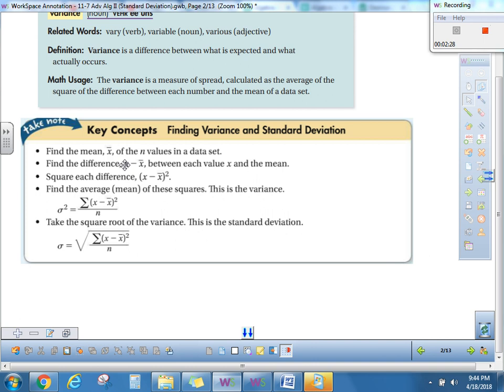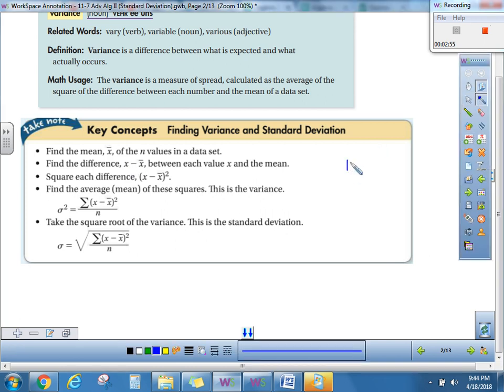The difference of x minus x bar, all that's saying is you're taking each value in your data set and subtracting the mean from it. So let's say the mean of your data is 10, and the data value that you're looking at is 15. That's x, your data value.